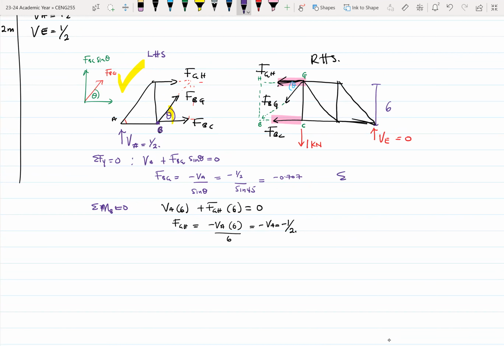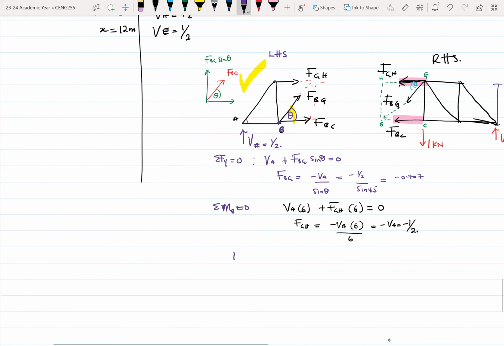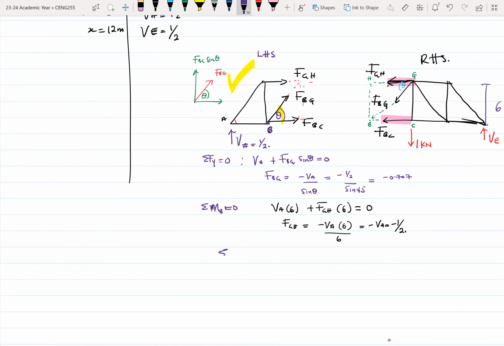Now let's do summation of horizontal forces. Let me write it down here so that it doesn't confuse us, as we're looking at something entirely different. Summation of horizontal forces equals 0. So again we sum, and it becomes FGH plus FBG cos theta plus FBC equals 0.